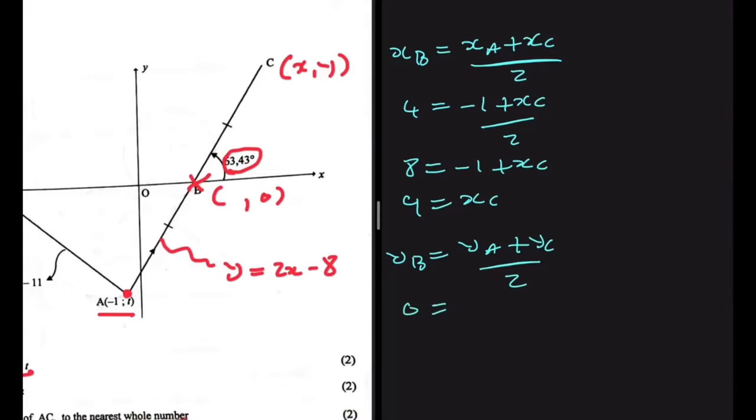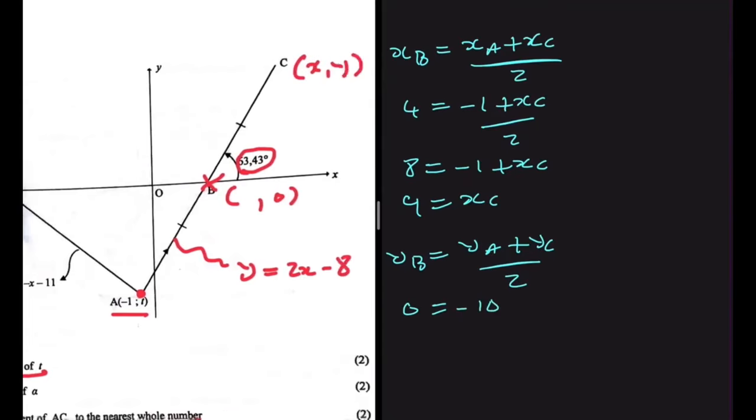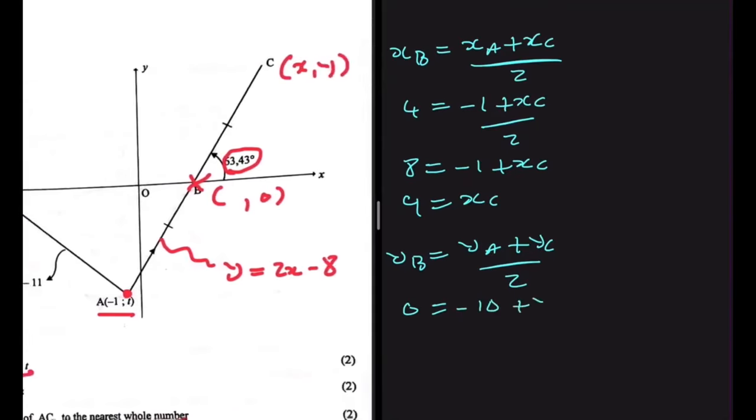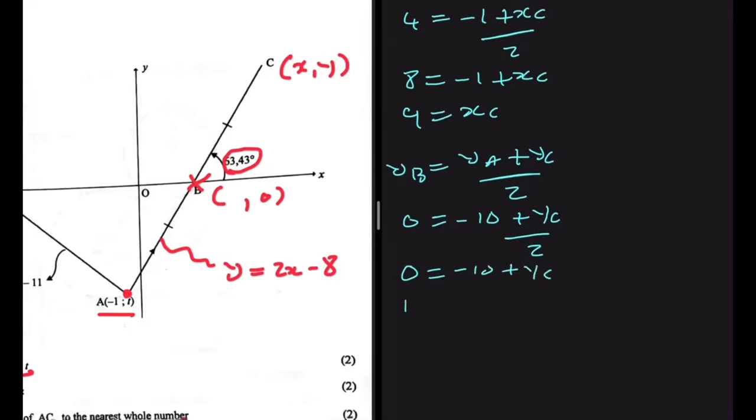Y of A is minus 10. And then plus y of C, divided by 2. So if we cross multiply, 0 multiplied by 2, that is 0. So minus 10 plus y of C. So 10 equals y of C. So the coordinates of C, we have 9 for the x value and 10 for the y value.